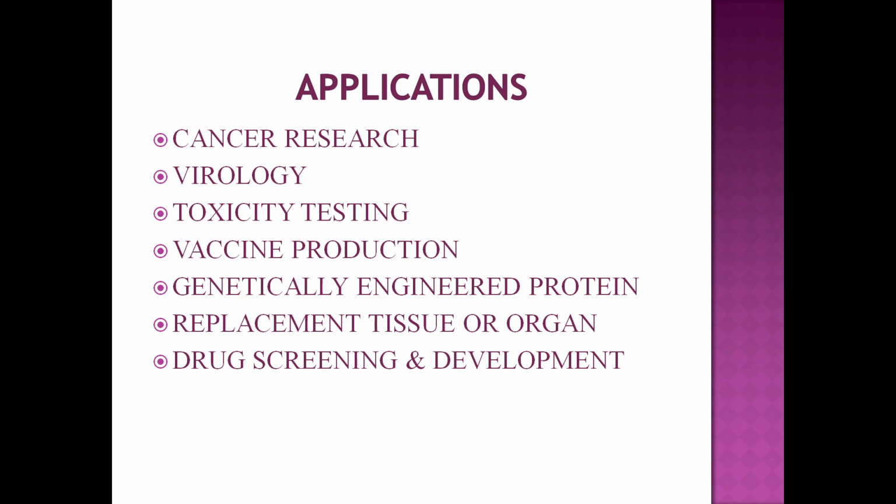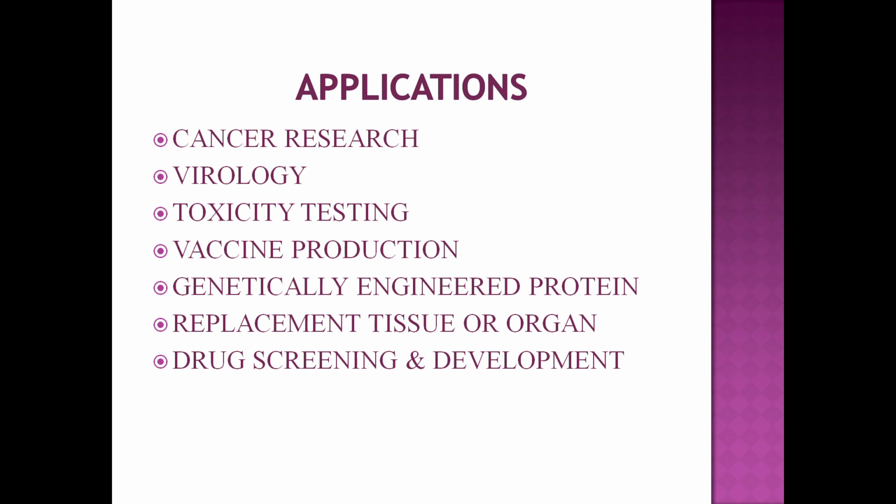Genetically engineered proteins. Primary cell cultures are used to produce genetically engineered proteins such as monoclonal antibodies, insulin, hormones, etc. Such recombinant technology is utilized in reshaping many therapeutics. Next one is replacement of tissue or organ, which is very important for human beings.